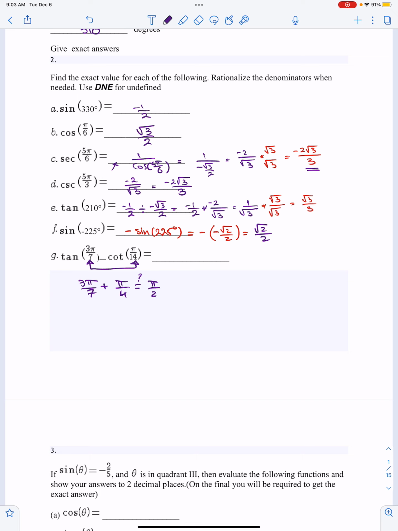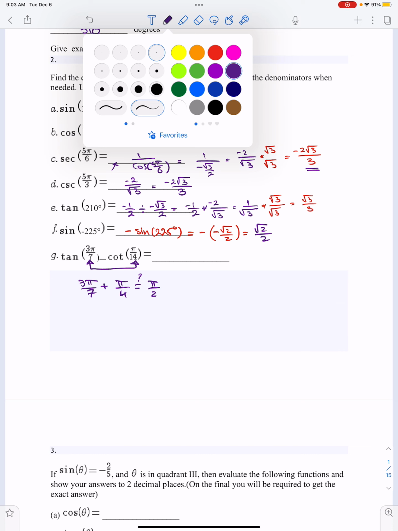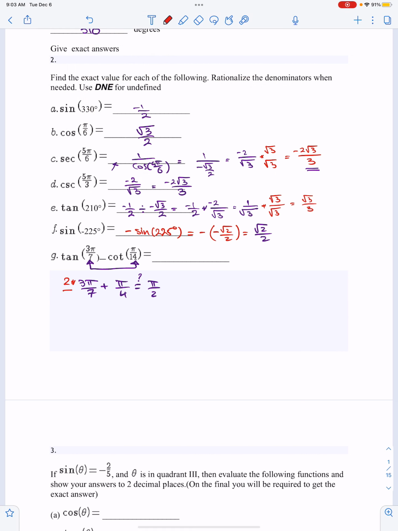So 3 pi over 7, I'm going to multiply that by 2, both numerator and denominator, in order to achieve the same denominator. The denominator here is 14 actually. So now I have 6 pi over 14 plus pi over 14, which is equal to 7 pi over 14. If you reduce this, you get pi over 2. So that is equal to pi over 2.